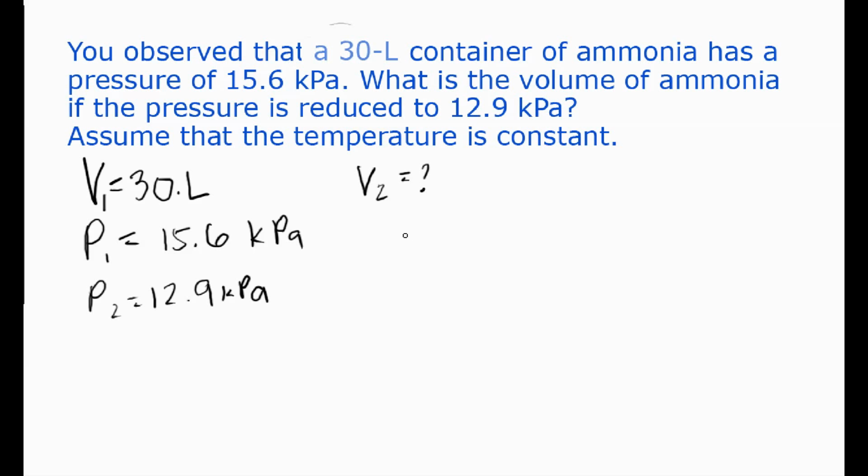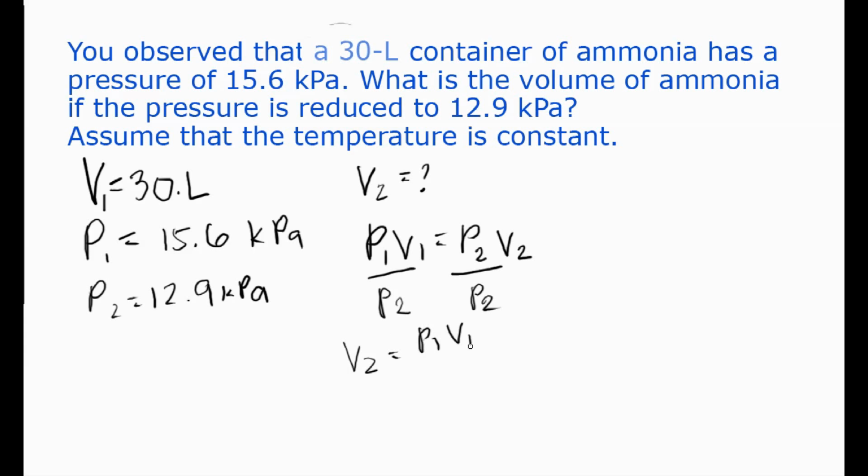Boyle's law indicates that the pressure is inversely proportional to the volume, with the formula P1 times V1 is equal to P2 times V2. By manipulating the formula to get the volume 2, divide both sides by P2, and we are left with P1 times V1 over P2.